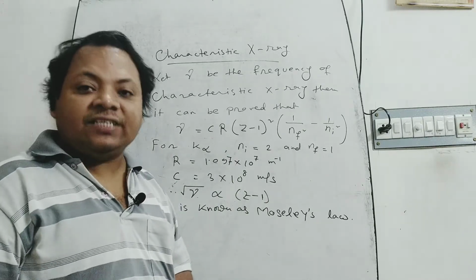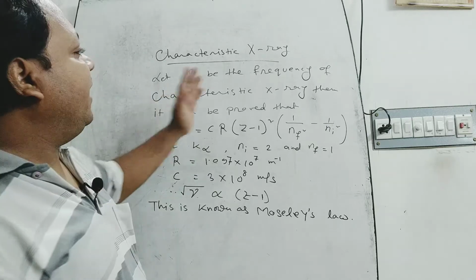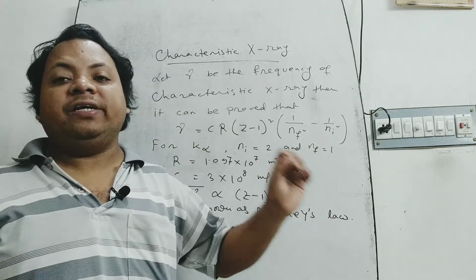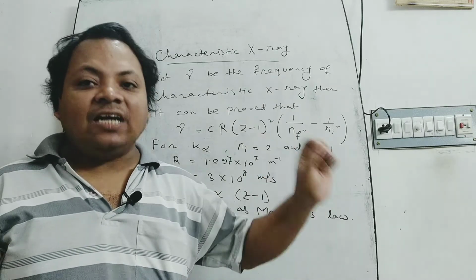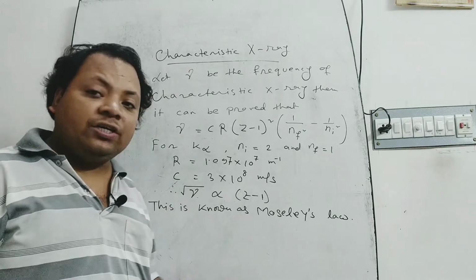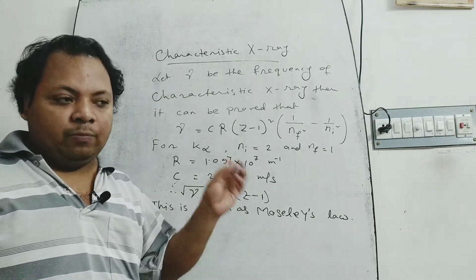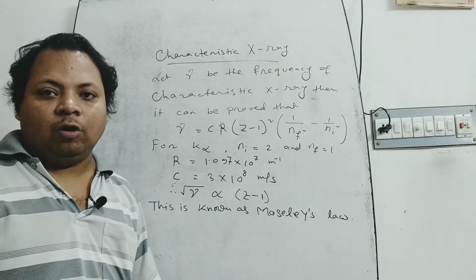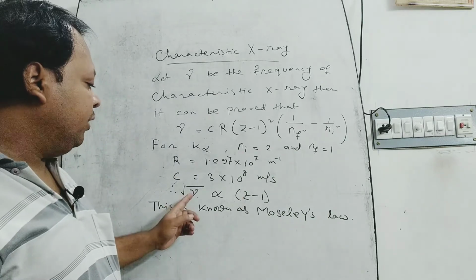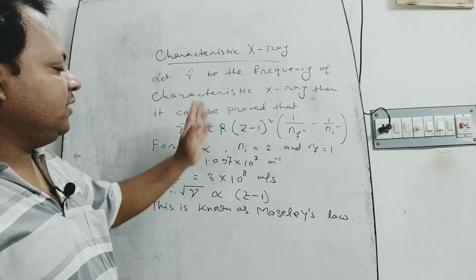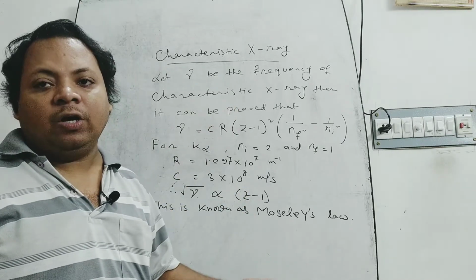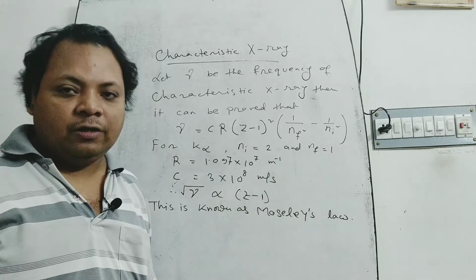This law states that the frequency of the characteristic X-ray depends on the proton number inside the nucleus of the target atom. It does not depend on the atomic weight of the target atom. Frequency of the characteristic X-ray depends on the atomic number or proton number of the target atom.